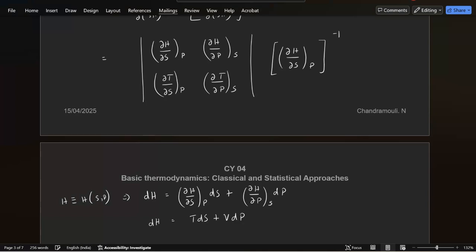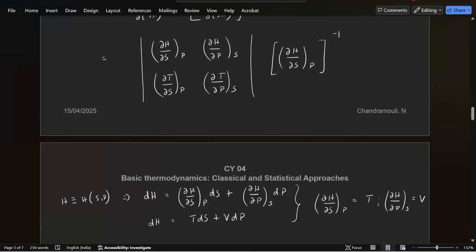Fine. So comparing these two, we see that del H by del S at constant P is equal to temperature. Similarly, del H by del P at constant S is just the volume. So these are the quantities that we are after. We can just substitute them in the above place.